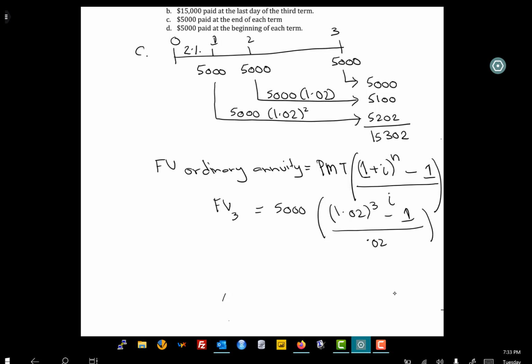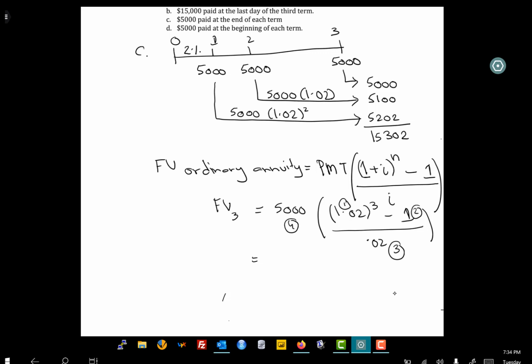When you're showing your work, this is what you would need to show: 5,000 times 1.02 to the power 3 minus 1 over 0.02. When you're solving for this, my advice is to start from here. Solve for this first, subtract 1, divide by 0.02 third, and then multiply by 5,000.